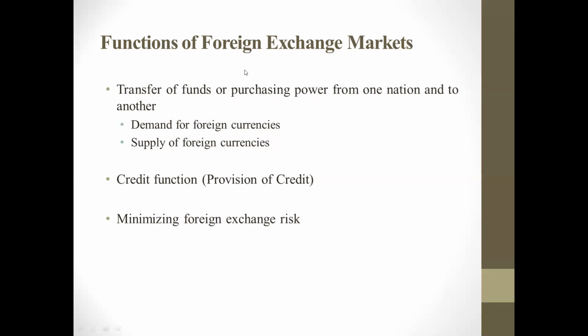So the foreign exchange market gives facilities not to eliminate foreign exchange risk, but to minimize it. Remember, no market can eliminate foreign exchange risk, because we cannot predict foreign exchange rates in a constant way.